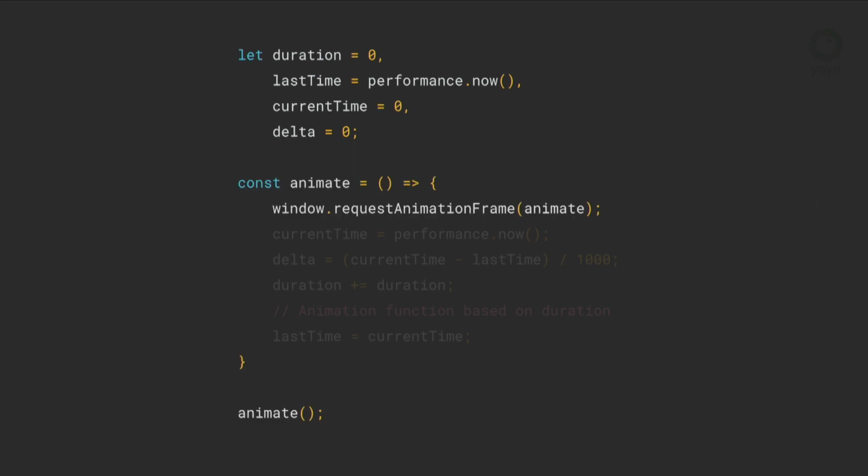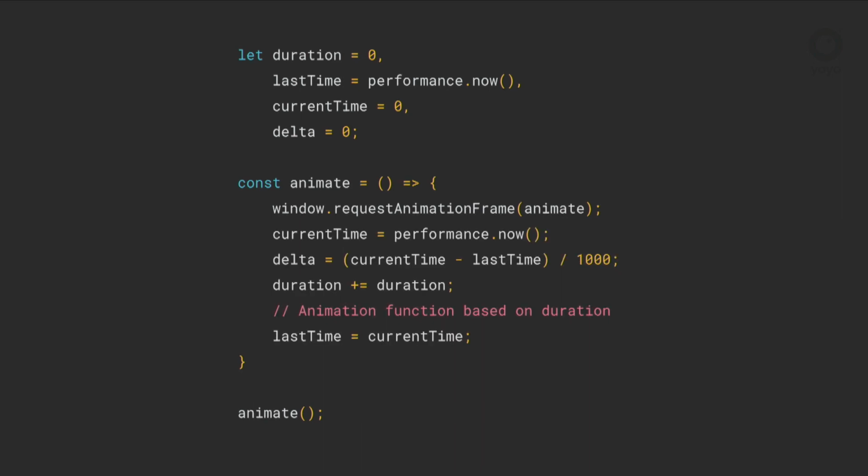You create your request animation frame, and this will just keep calling itself. And then in the rest of it, you get the current time, the time that's just passed, you subtract them. You get a thing called delta, which is time passed. We could then use that value to add it onto our duration. We now have essentially a little clock timer. And we could bind that to our various properties to animate the values that way.